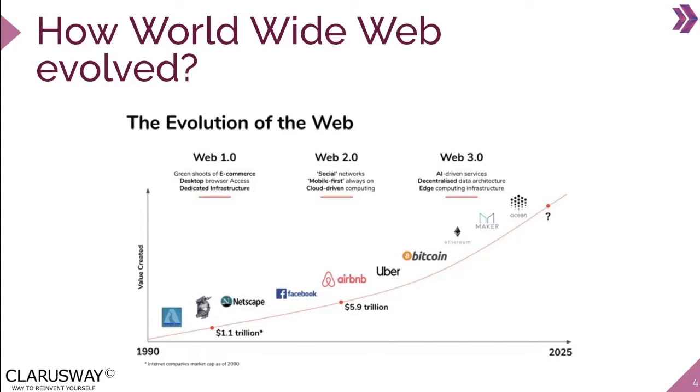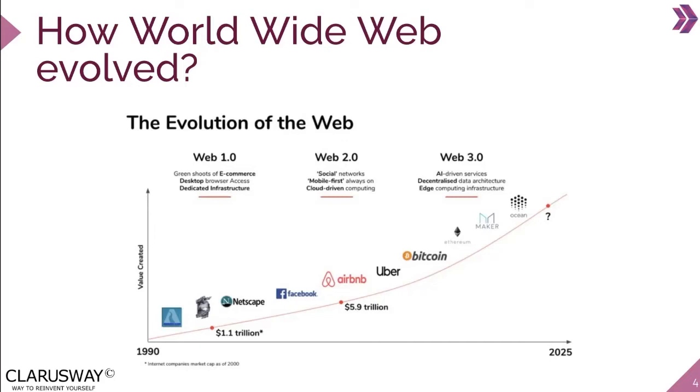Then we had a version where it was more about interacting with the web and socializing, creating your own content, and here most of the users became the creators. But the most important difference between the first version and the second version was that now there were enormous companies that created web applications as intermediaries for you to create your own content. So people were highly dependent on these intermediaries.